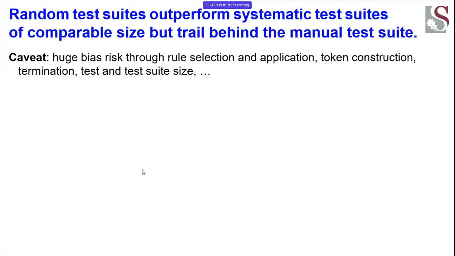Now, there is a huge, and I can't underemphasize how big, bias risk. It depends on how you select your rules, how you apply your rules, how you construct your tokens, how you enforce termination, what the test size and the test suite size are, and all of these things.